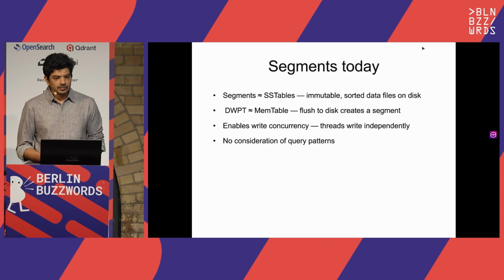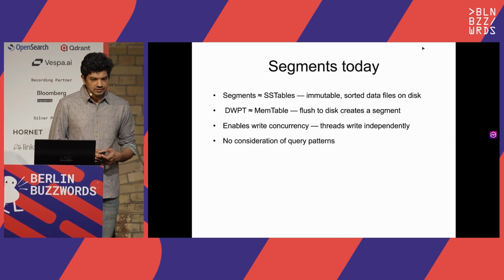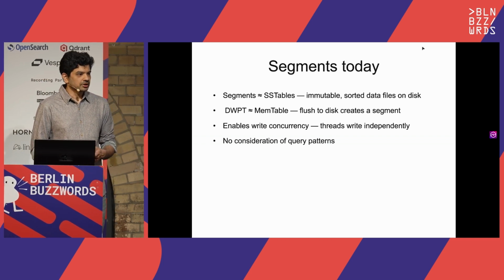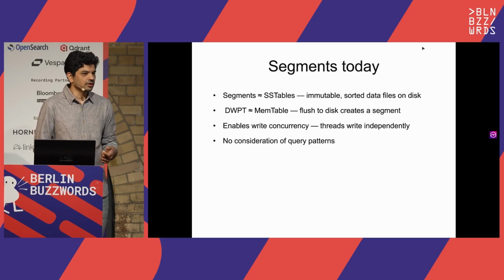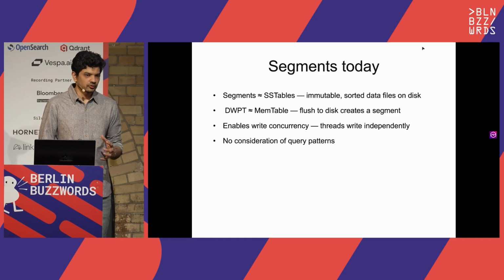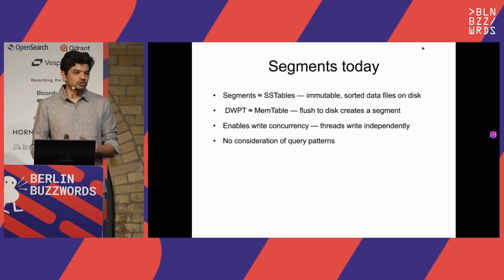Now, internally in Lucene, there is a concept of document writer per thread, which is DWPTs, analogous to mem tables. You can think of it as a buffer when you're writing an index. This buffer is then flushed into the disk, and those become segments.